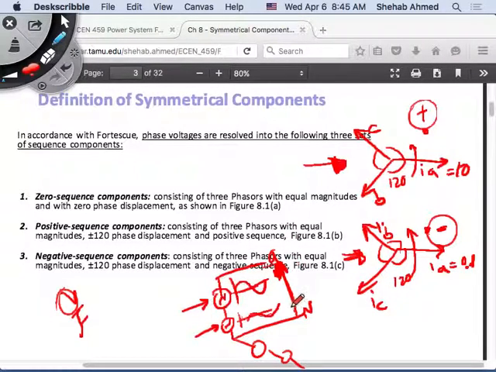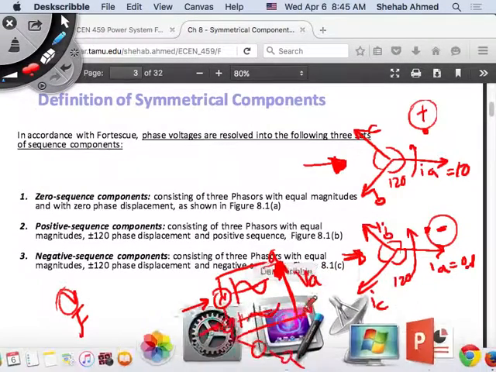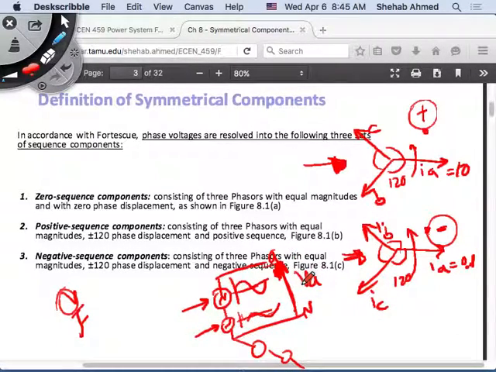This will be VA. VA versus VB versus VC, will they be balanced? They will not be balanced. You have some VA that is not necessarily equal to VB, not equal to VC. We will see that mathematically.